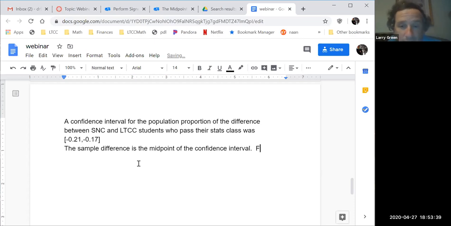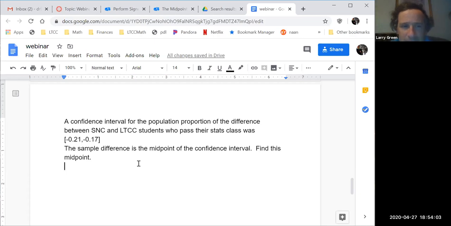Find this midpoint. Okay, this comes up in stats a lot. Okay, by the way, if they're both negative, what does that tell you about this difference when you're comparing SNC and LTCC students? So what does it tell you?